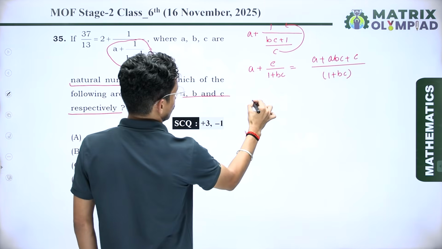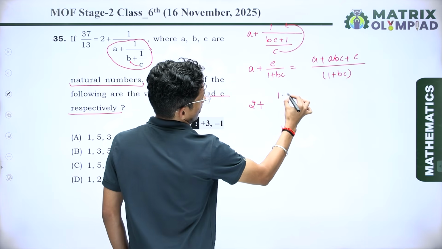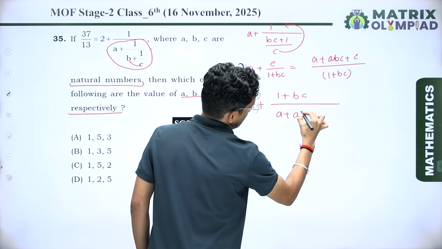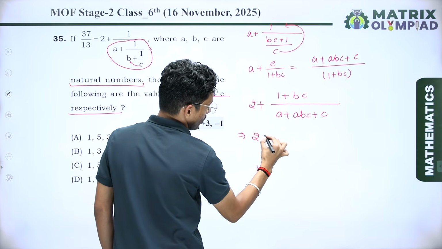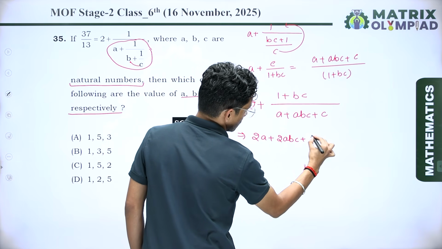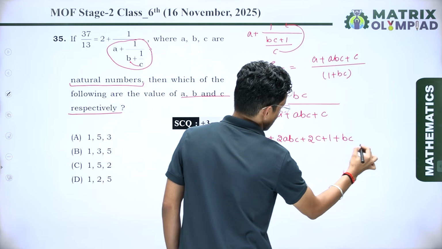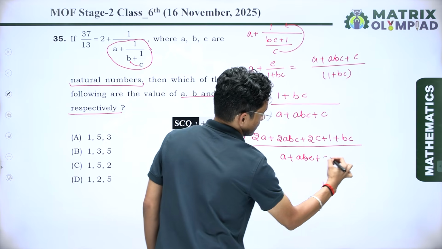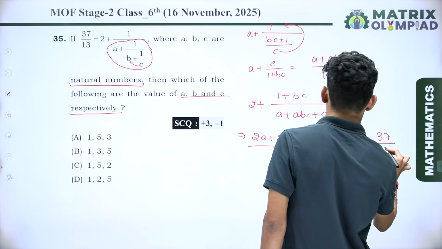So I can write here 2 plus 1 plus BC upon A plus ABC plus C. So here I can say that 2A plus 2ABC plus 2C plus 1 plus BC upon A plus ABC plus C is equal to 37 upon 13.